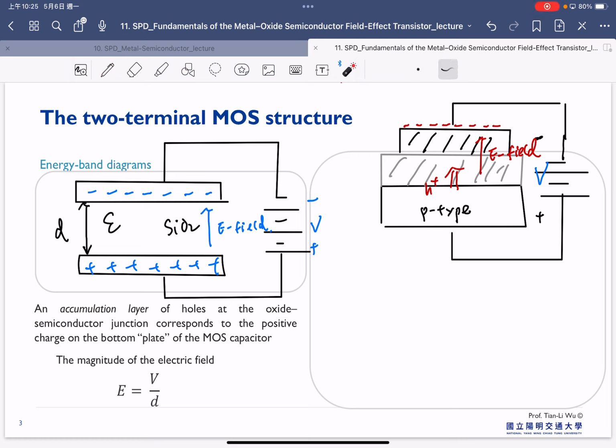Therefore, if we reconsider this plot, we only consider the charge distribution.